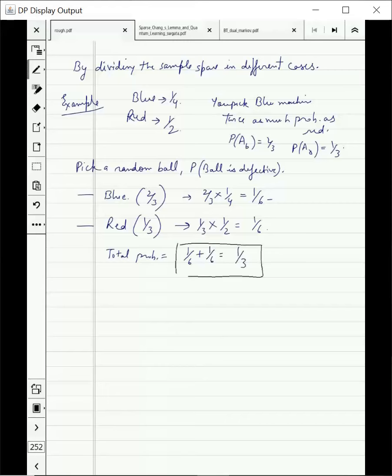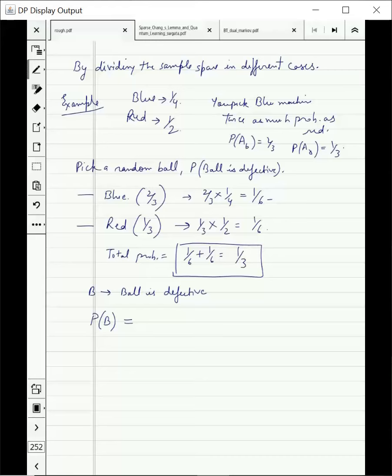So you can make this calculation, but the question is, how did we come up with all these? Where did we add? Where did we multiply? Why did we do it? Say B is the event that the ball is defective. So the formula we used here is that probability of B can be divided into two cases, and these are the all-encompassing cases. Either I'm going to pick the blue machine or the red machine. There is no other case.